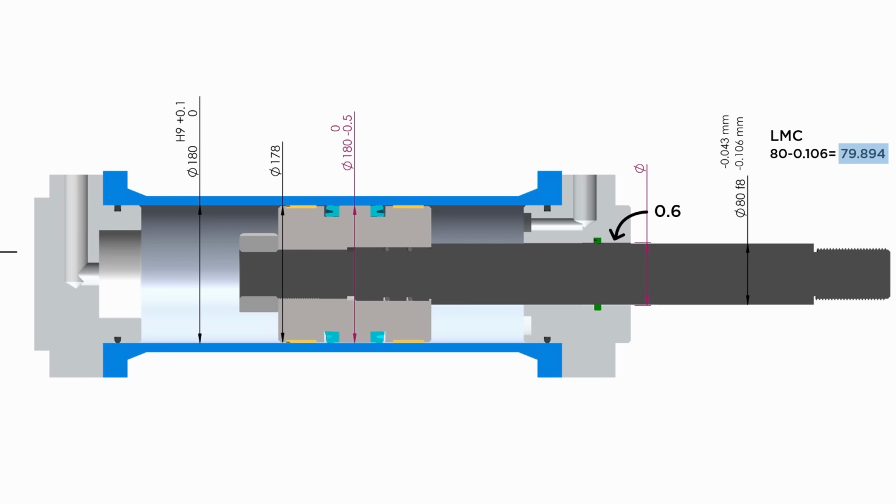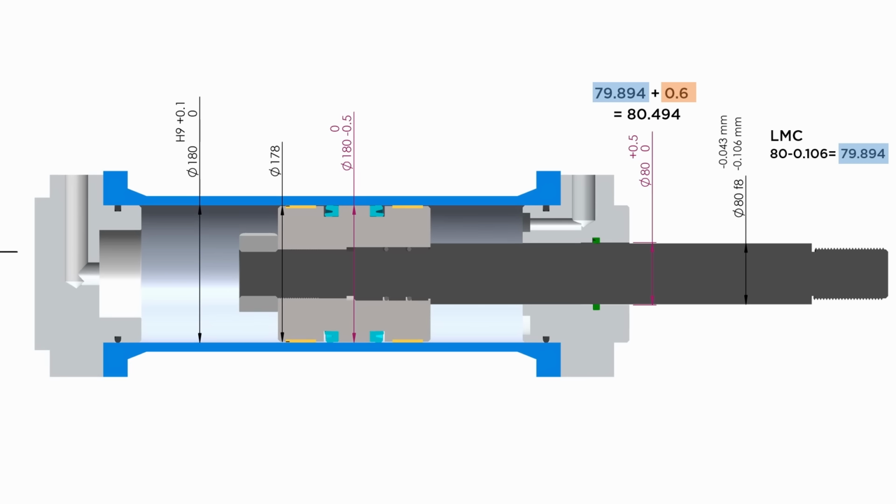Therefore, the head bore diameter maximum size would be 79.894 plus 0.6, 80.494 mm. Now, we can define the tolerance over the head bore as 80 mm with a lower limit of 0 and upper limit of 0.494 or 0.5.